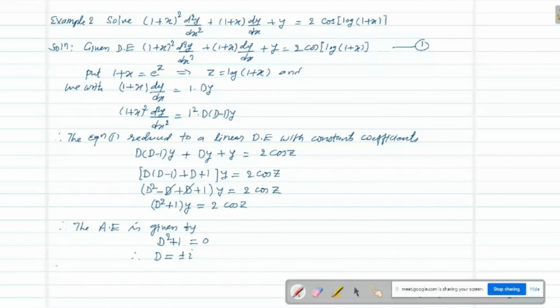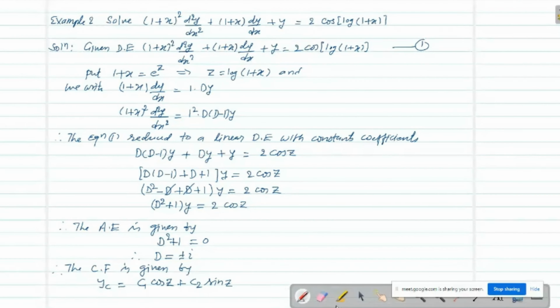So we write down the complementary function. The CF is given by yc equals C1 cos z plus C2 sin z. This is your complementary function. Name this equation number 2.